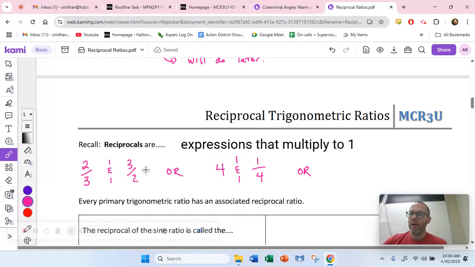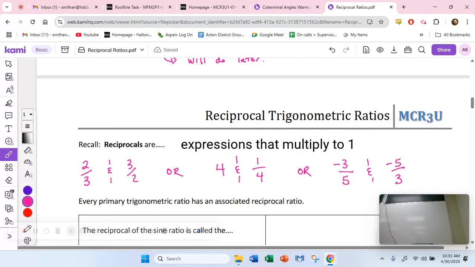I want to also point out, you can have reciprocals of negative numbers. So for example, the flip of negative 3 over 5. When you flip it, you don't change the sign. It would be negative 5 over 3. You can write the negative in the top, on the bottom, off to the side. It doesn't matter.